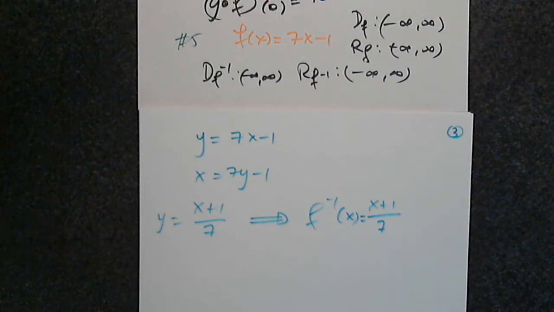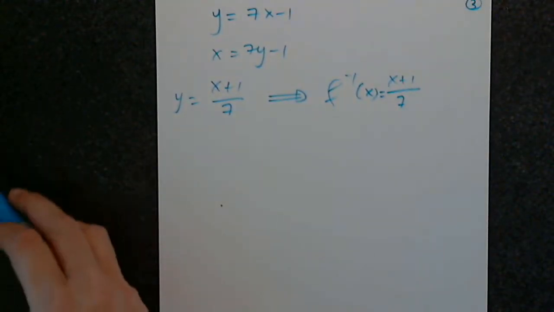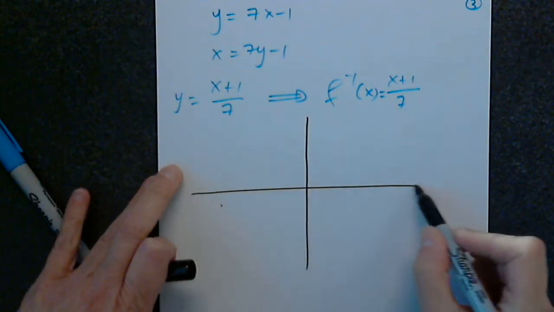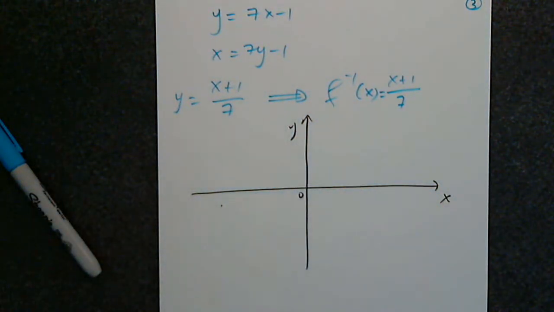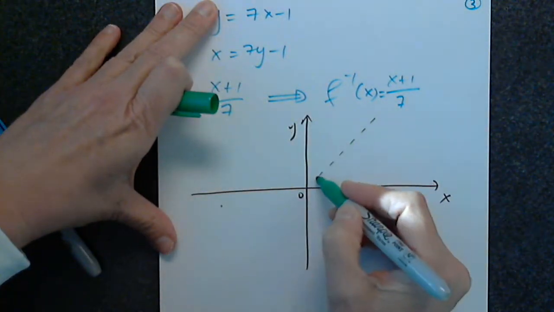But now I'm also asked to graph both on the same coordinate system. When I'm asked to graph a function and its inverse on the same coordinate system, this is my first thought.